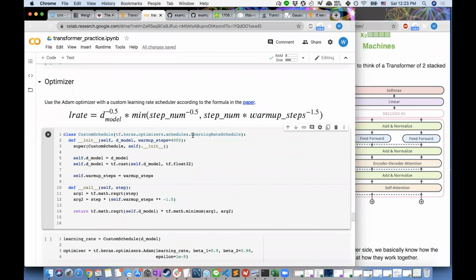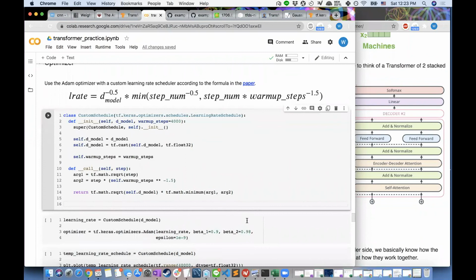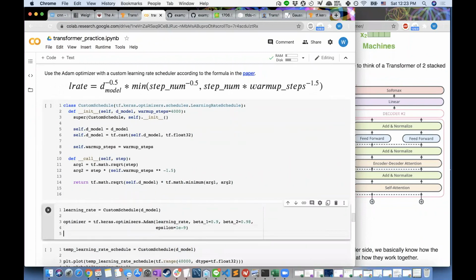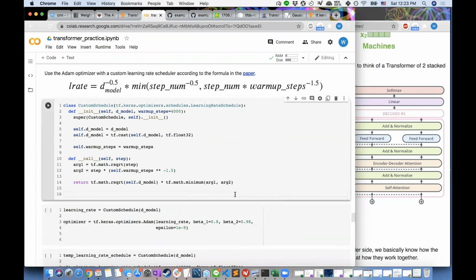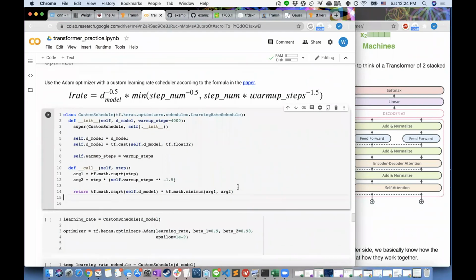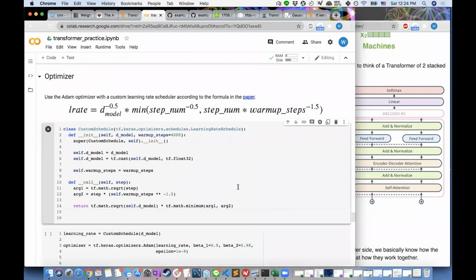It's just a way to schedule your learning rates. Instead of using a constant learning rate, your scheduled learning rate increases for a number of steps and decreases after that. That's an example that FastAI uses. FastAI calls it learning rate annealing.